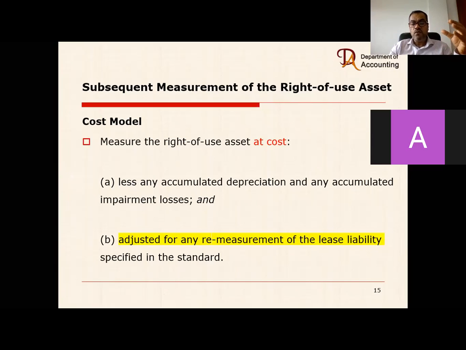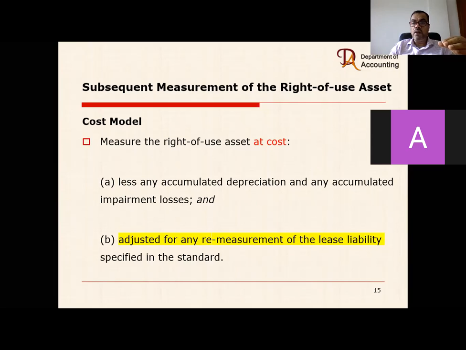The second one is a rare situation, that is point number B. You have to make some adjustments to the carrying amount of the right of use asset in the subsequent measurement when there is a change in the lease liability.